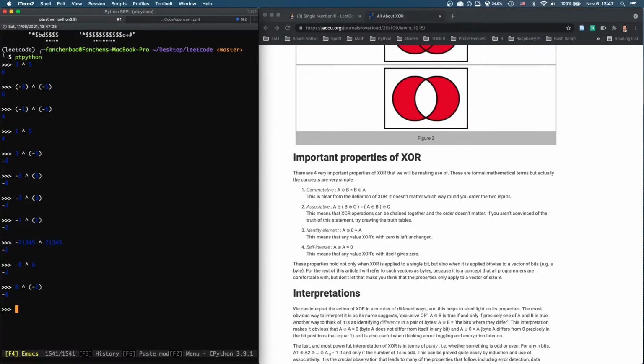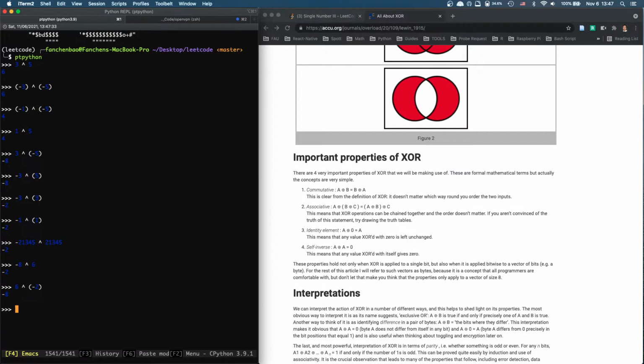What can we get? Why not A exclusive or minus B? Right? So that equals this. And then, let's say B equals this, minus B will equal minus A exclusive or 6.